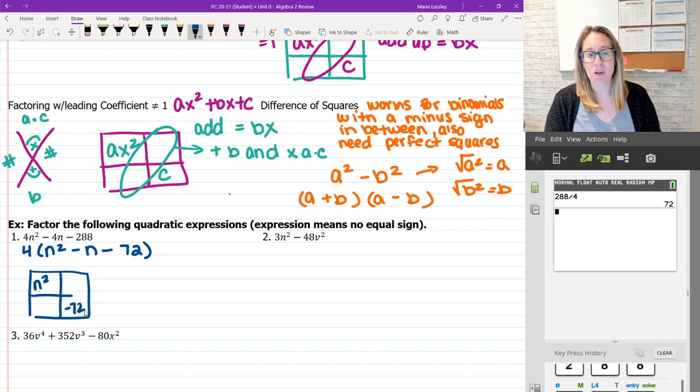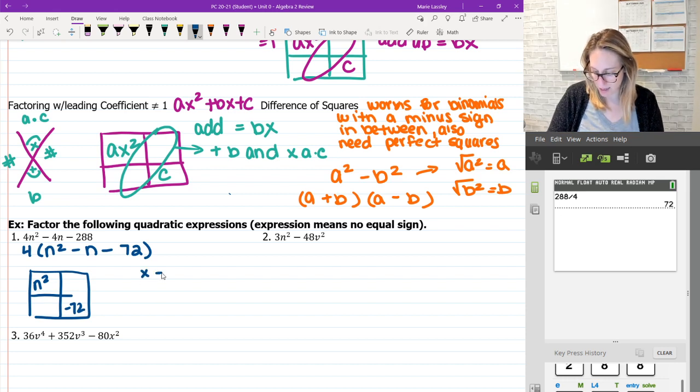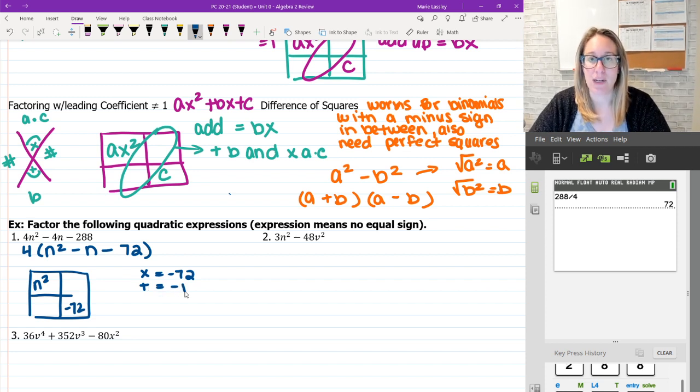Now I'm looking for 2 numbers that multiply to equal negative 72 and add to equal negative 1. It's going to be 8 and 9, and the 9 is going to be negative because it's the bigger one, and I want my middle term to be negative.